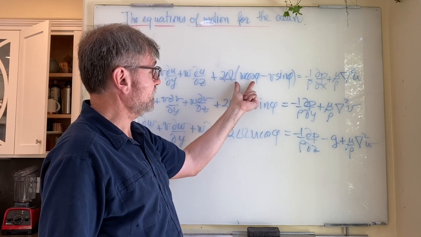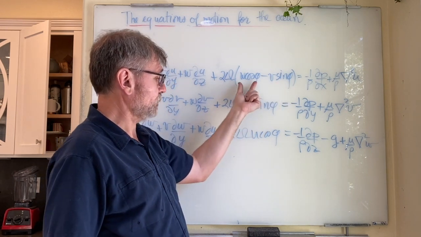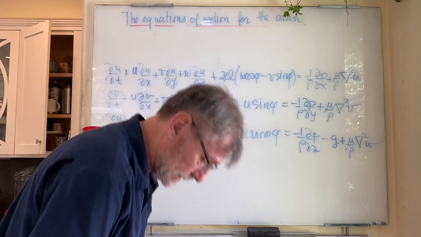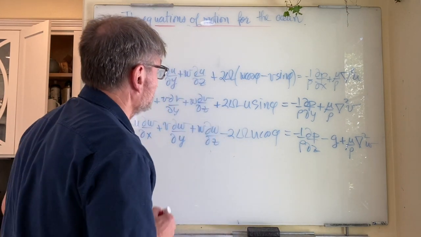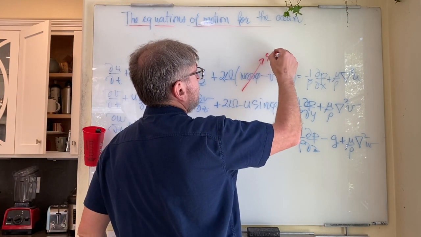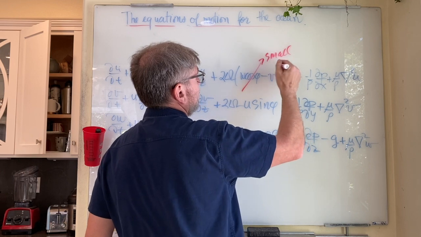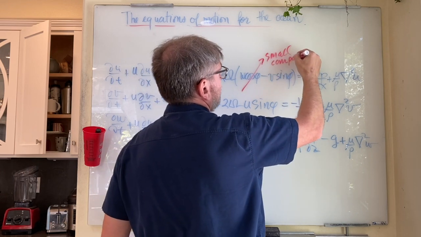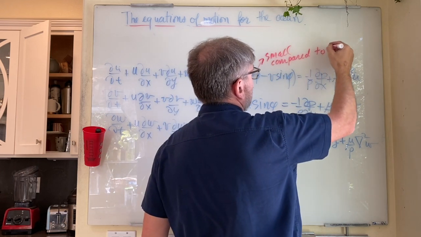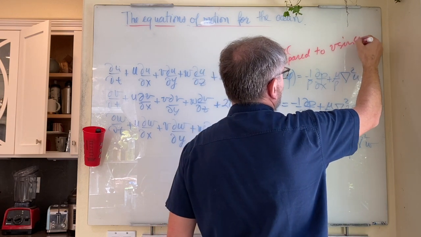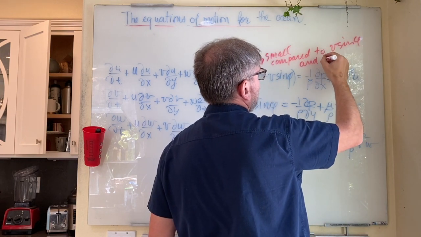And so this term is very small compared to that one, and so this one is usually neglected. So this is small compared to v sine phi, and therefore neglected.